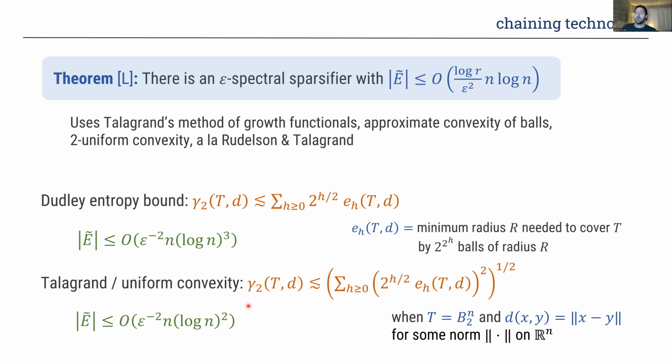Let me remind you, the theorem I claimed replaces one of these log n's by a log of the rank. Which is nice, because in the constant rank case, this gives you n log n. Now we know that for rank 2, for graphs, there are linear size spectral sparsifiers, right? Batson, Spielman, Srivastava.